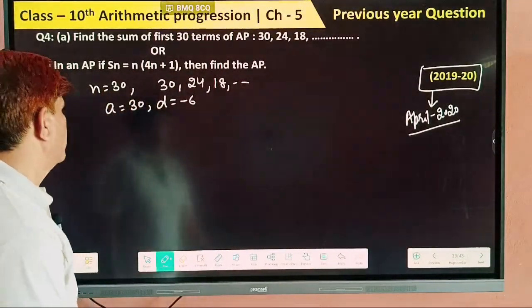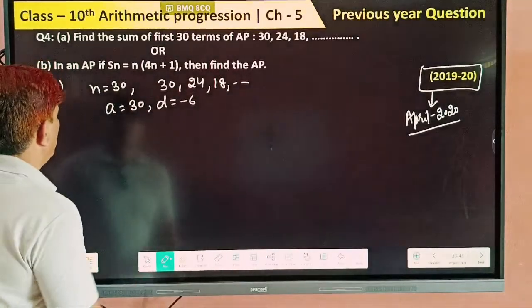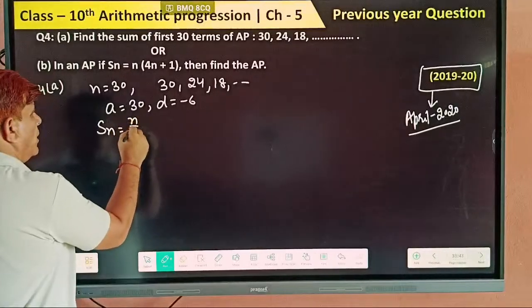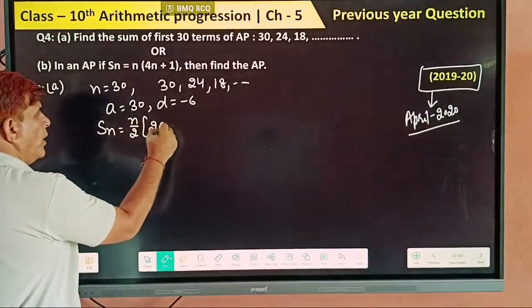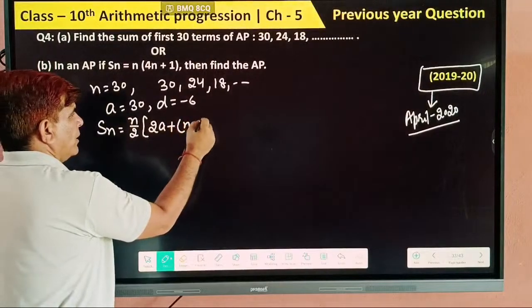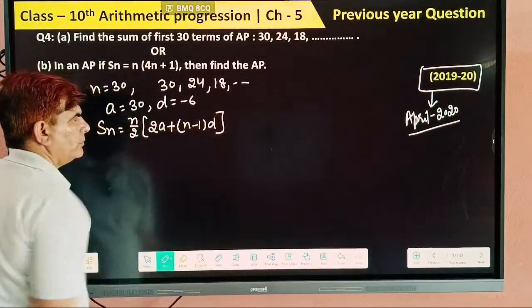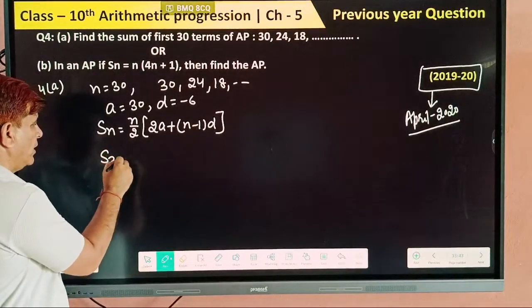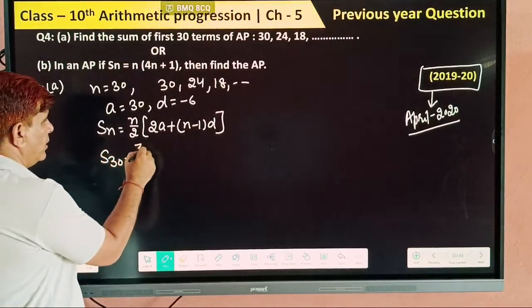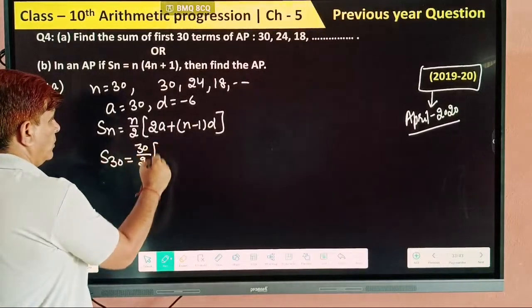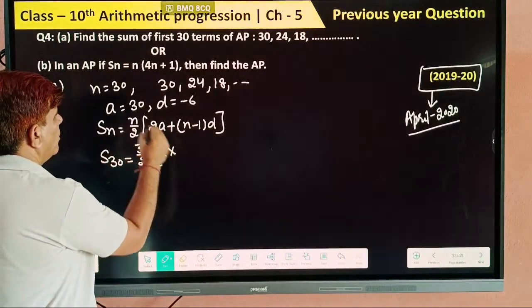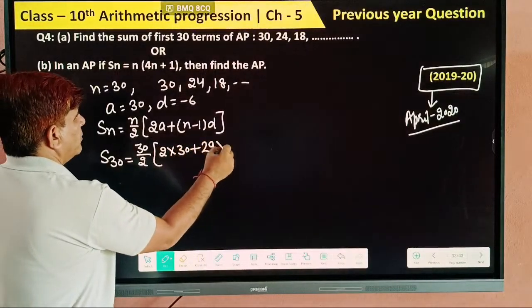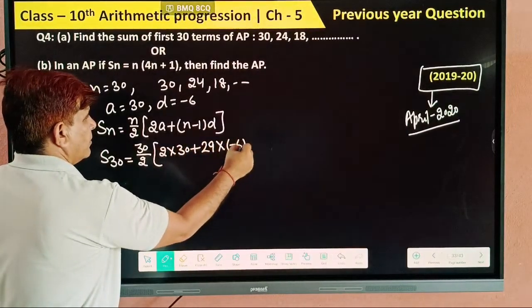We know Sn equal to n by 2 into 2a plus n minus 1 into d. S30 equal to 30 by 2 into 2a, a equal to 30, plus 29, d is minus 6.